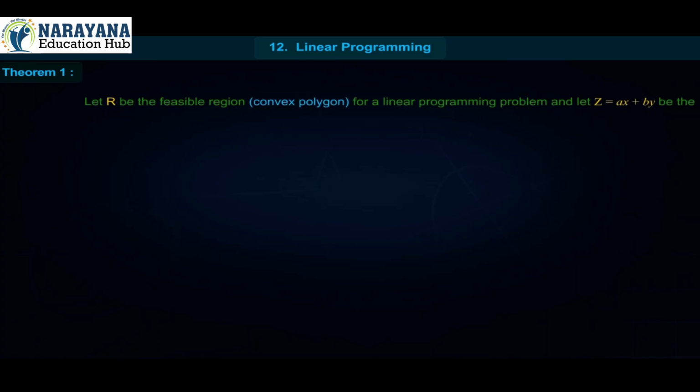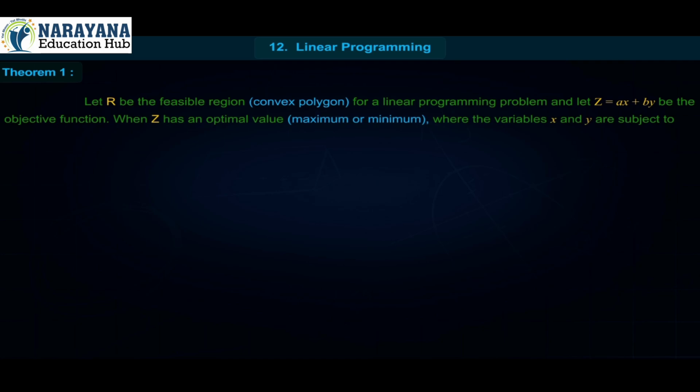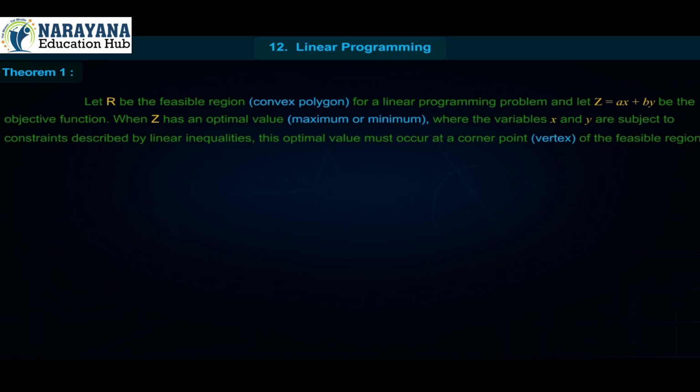Let R be the feasible region, which is a convex polygon, for a linear programming problem, and let z = ax + by be the objective function. When z has an optimal value, which is maximum or minimum, where the variables x and y are subject to constraints described by linear inequalities, this optimal value must occur at a corner point, that is, a vertex of the feasible region.